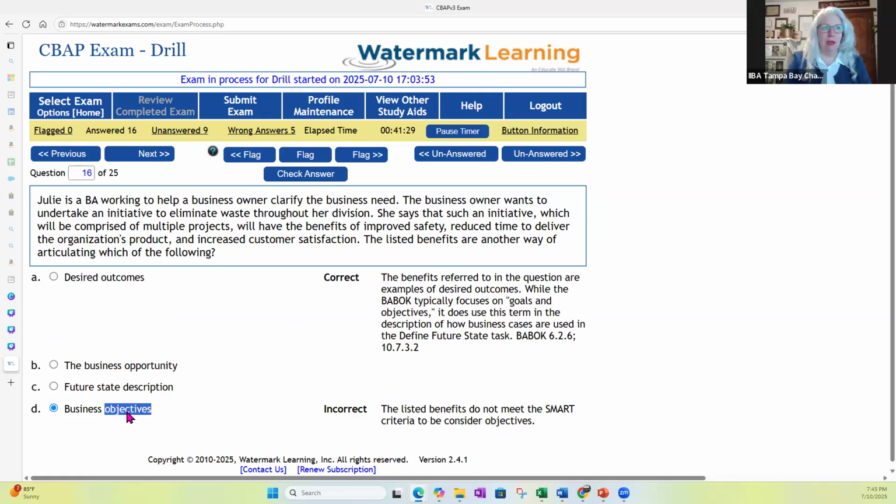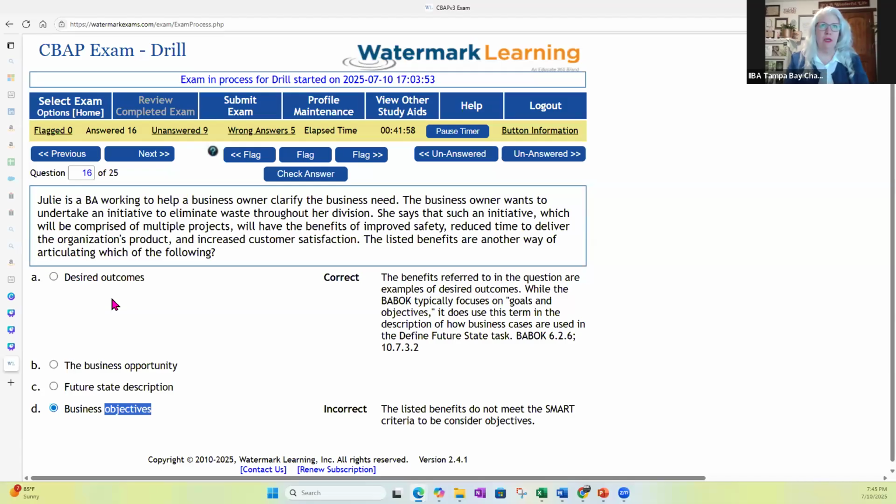The thing about the BABOK is business objectives in the BABOK are reversed according to my reality. Objectives seem high level in my reality, but according to the BABOK, they are very specific. They're measurable. They're all the SMART things. So in the BABOK, if it's an objective, it's something you can test against with statistics to see if you accomplished it. So increased customer satisfaction is not really measurable.